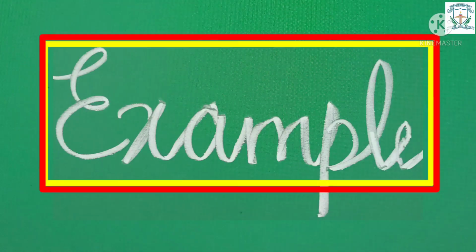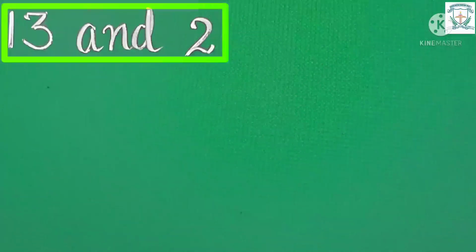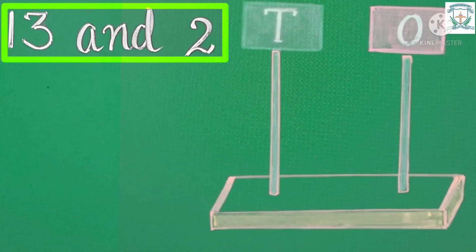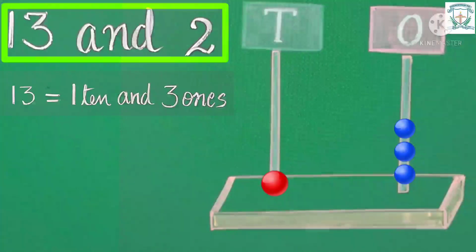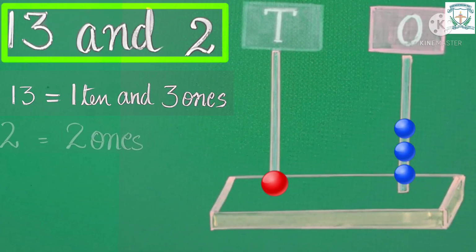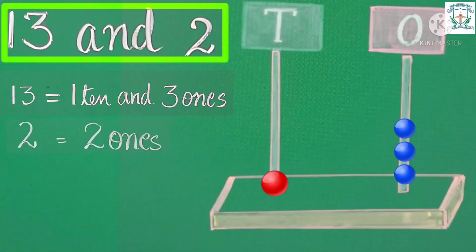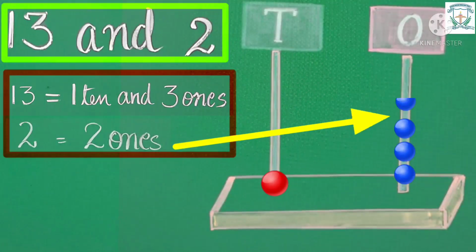Let us take one more example. We shall add 13 and 2 on the abacus. We learned that 13 can be written as 1 ten and 3 ones. So, we add 3 beads on the one spike and 1 bead on the ten spike. Next, we can write 2 as 2 ones. So, we add 2 beads on the one spike.